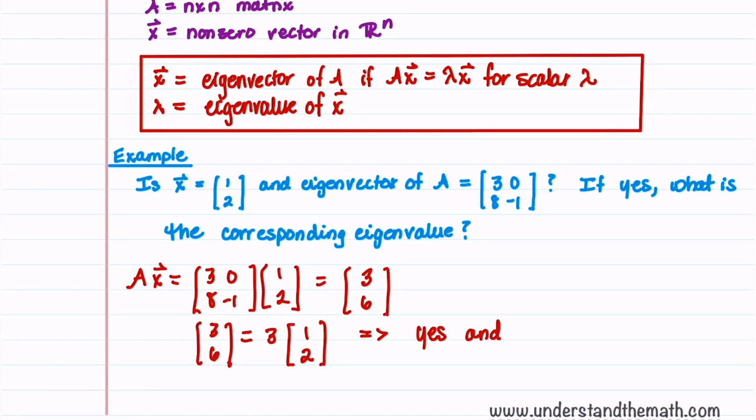And the corresponding eigenvalue is that scalar right there. So our eigenvalue lambda is equal to 3. What's going on physically is that multiplication by A has stretched our vector x by a factor of 3.